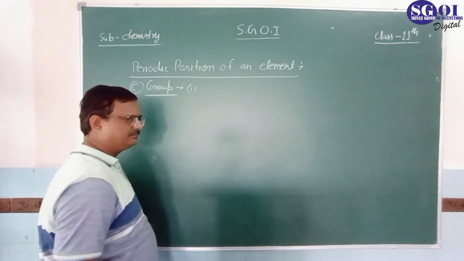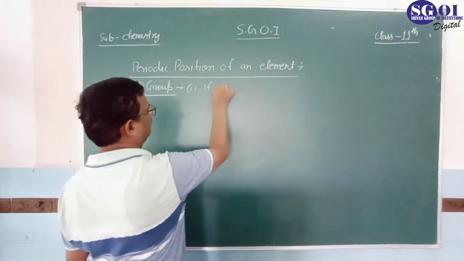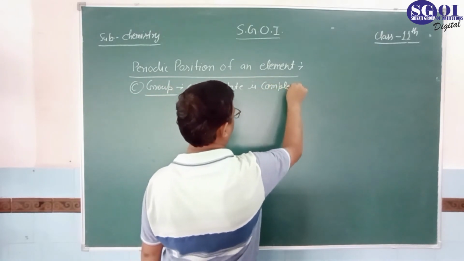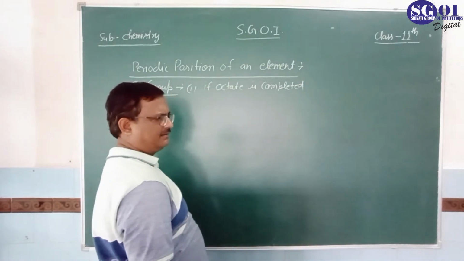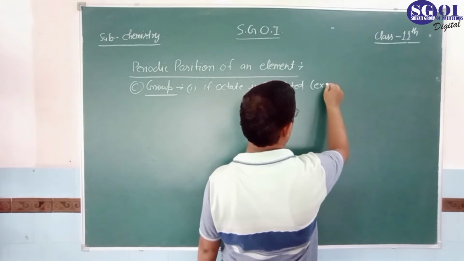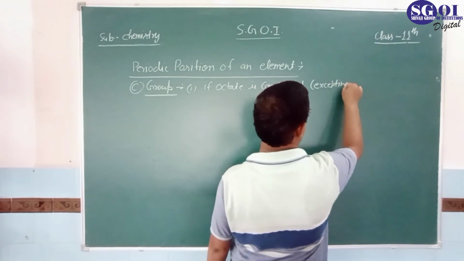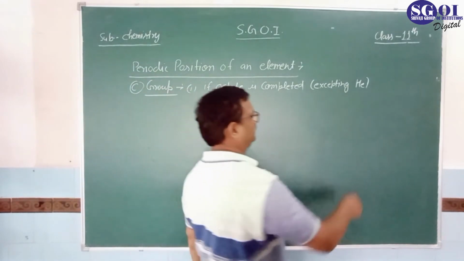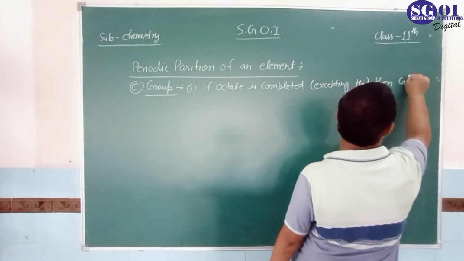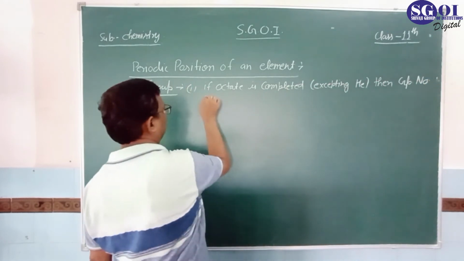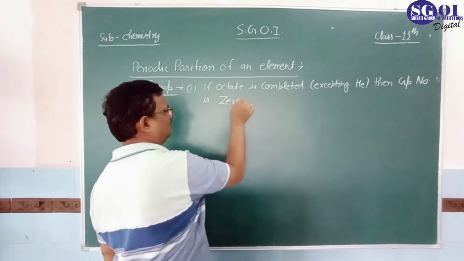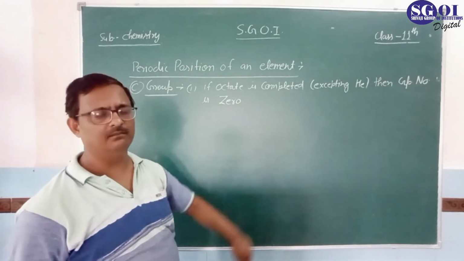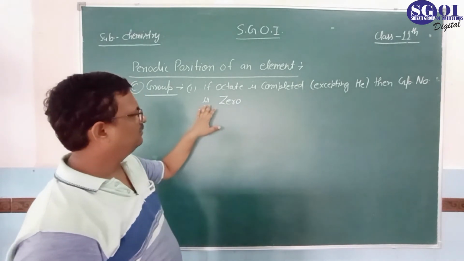The first one is: if the octet is complete, excepting helium, which follows the duplet rule, then the group number is 0 for all the elements having a complete octet, including helium, which follows the duplet rule. Group number is 0.